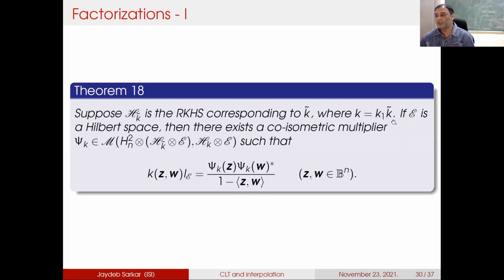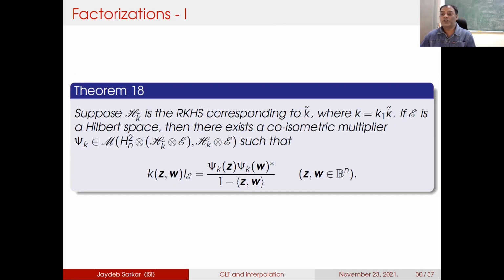So you take K tilde as evaluation at z composed with the evaluation at omega star, and essentially that's your psi k(z) psi k(w) star. You have to do some dilation theoretic work and so on, and then easily you can get this equality. So in a sense, you can extract a map psi k between these spaces. It is going to be a quasi-symmetric multiplier.